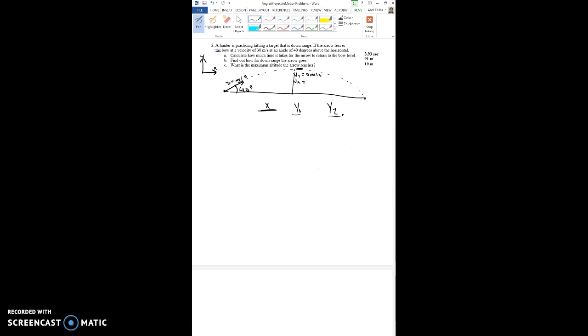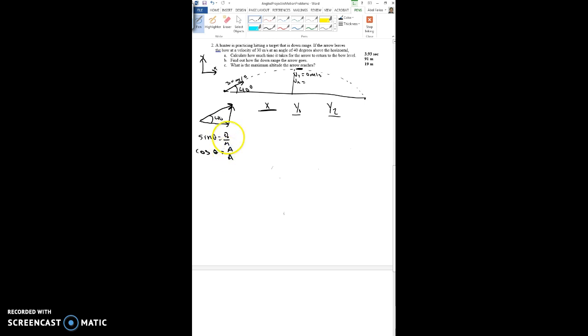The first thing we need to do is break this down into its components. We have a 40-degree angle, and we're trying to find the x component, which is the arrow I just drew, and the y component. How do we do that? We use SOHCAHTOA. The sine of theta is equal to the opposite over the hypotenuse, and the cosine of theta is equal to the adjacent over the hypotenuse.